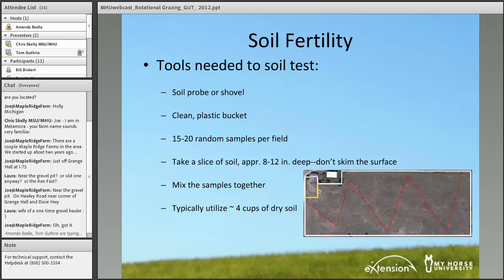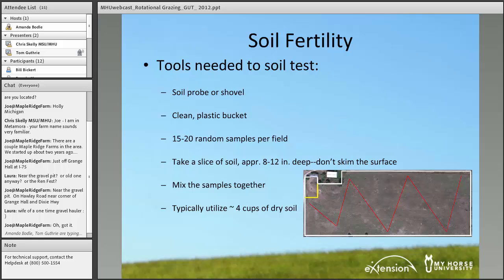If we take random samples throughout this pattern, it should give us a good indication and a representative sample across that whole pasture. Okay, we want to take a slice of soil approximately 8 to 12 inches deep. We don't want to skim the surface. So essentially we want to be down there, what is sometimes referred to as the root zone for those plants.